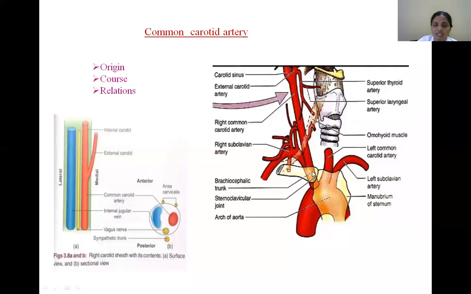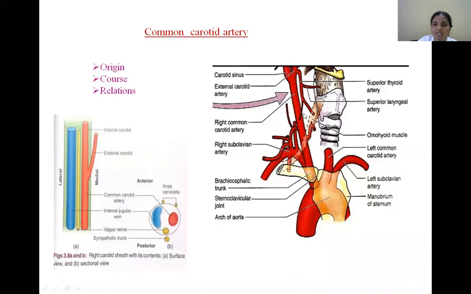So what is the extent of the right common carotid? Exactly behind the medial end of the clavicle, the brachiocephalic trunk gives rise to the right common carotid artery. So the right common carotid extends from the medial end of the clavicle to the level of the upper border of the thyroid cartilage. So this is the extent of the common carotid.